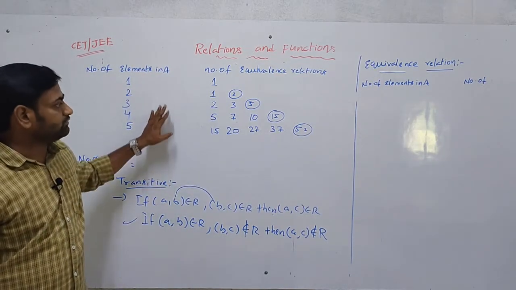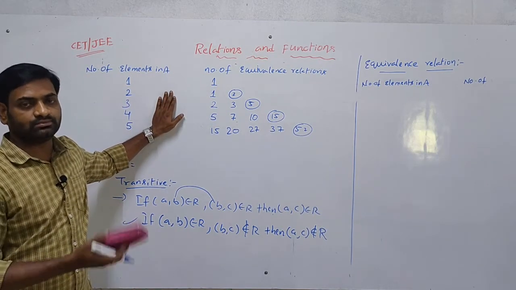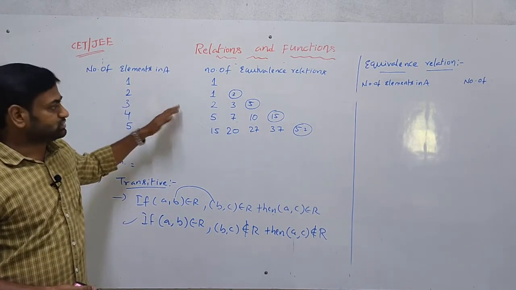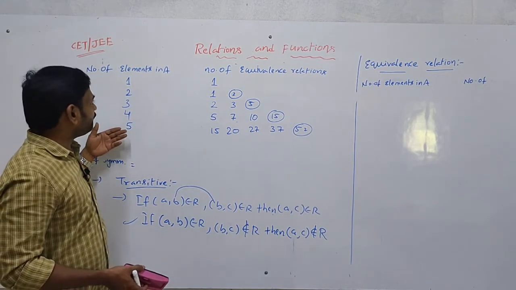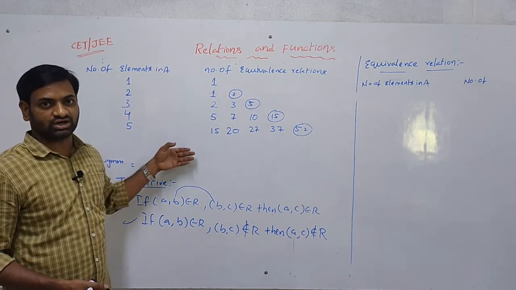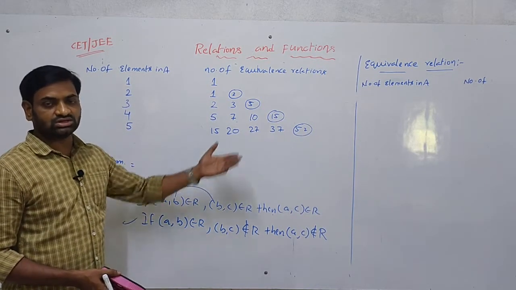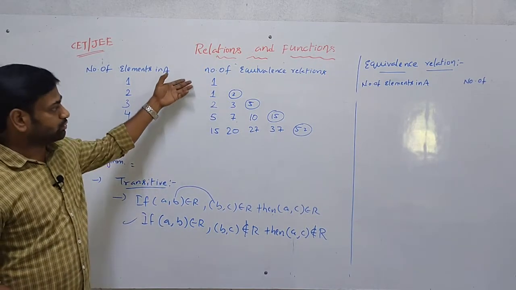And this is important for board level also in the public exam. If they ask one more question, as in the set A, if you have 5 elements, then the number of equivalence relations is 52 by this method. You can remember this one easily.